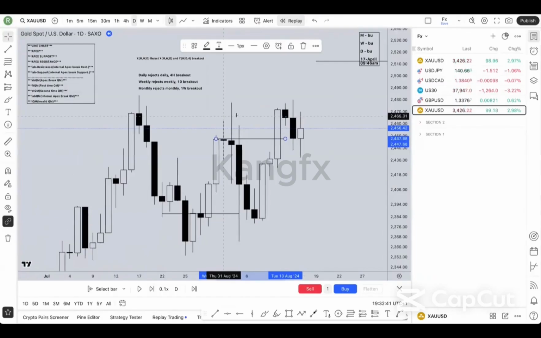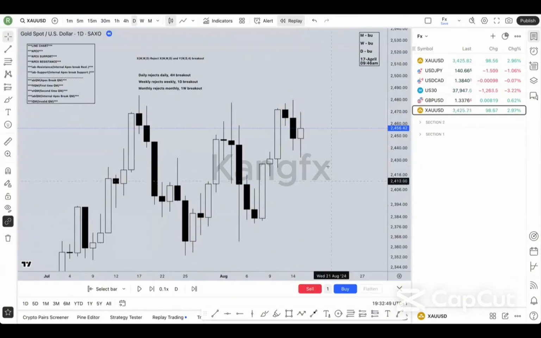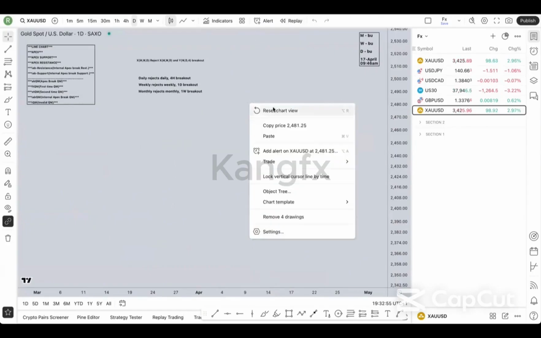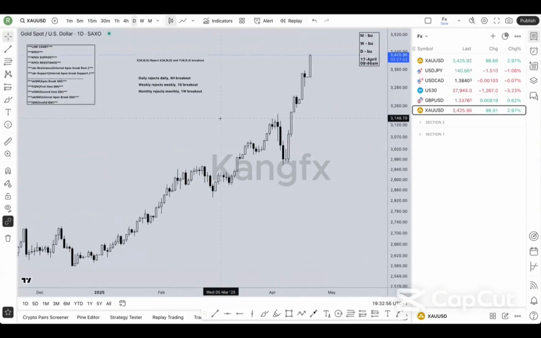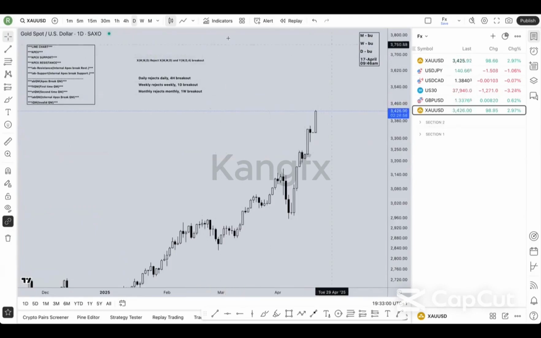Now, before we close the class for today, we're going to talk about fresh and unfresh. Now, what's the meaning of fresh and unfresh? For those coming from other concepts of trading like SMC, you use the words mitigated and unmitigated. Fresh and unfresh means when a level is still valid. I'll write it down. Let's say fresh.